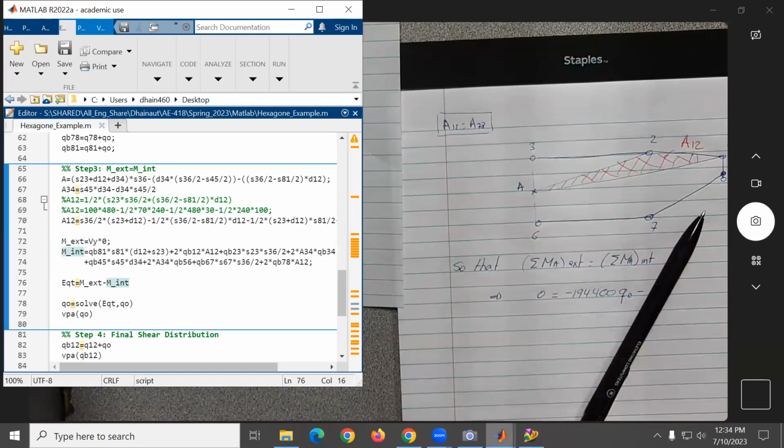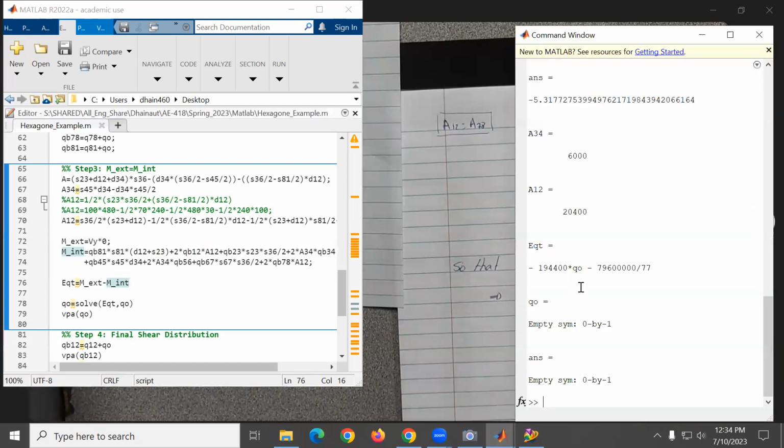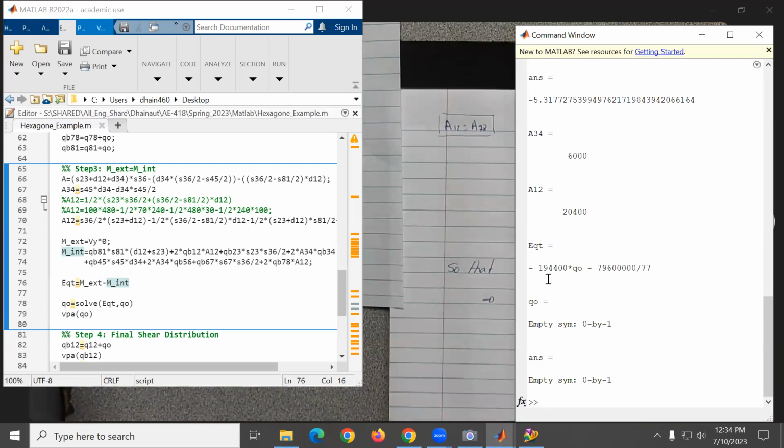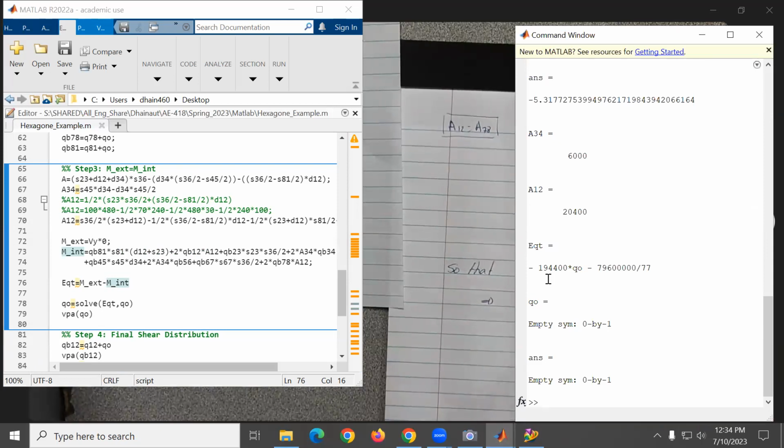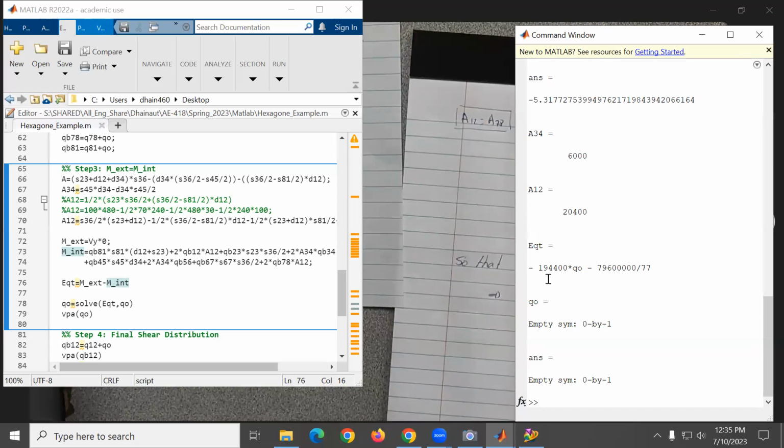So let's see what I get. Yeah, you see that one here, minus 194,400 Q sub naught minus whatever the value is over there, minus 796,000, 10 to the 5, divided by 77, equal to 0.